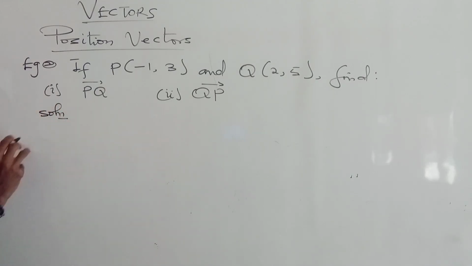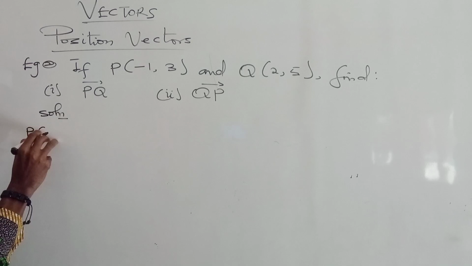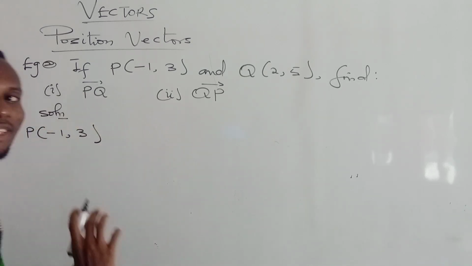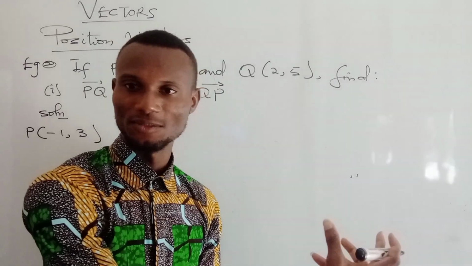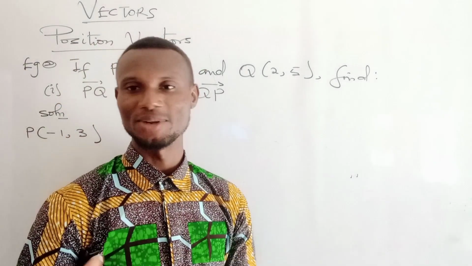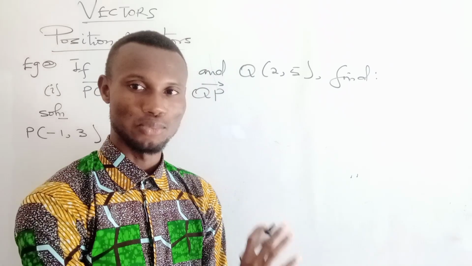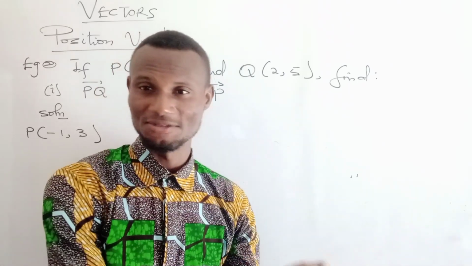So the point P is given to be -1, 3, which we can write as a position vector. A position vector simply means a vector which starts from the origin. So given any point, you can express it as a position vector.